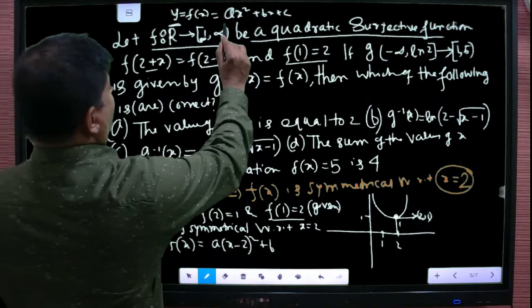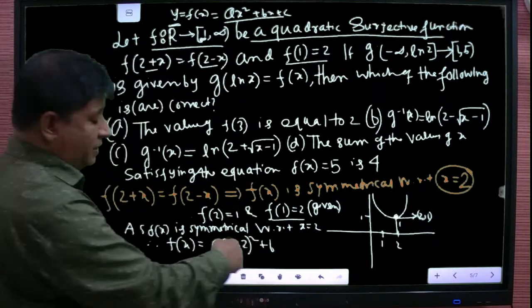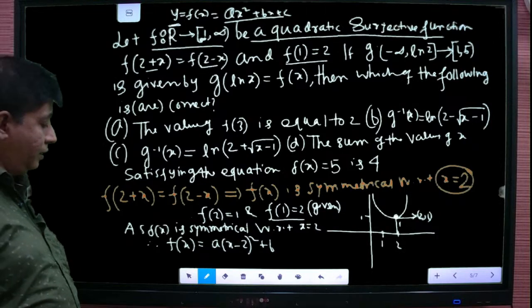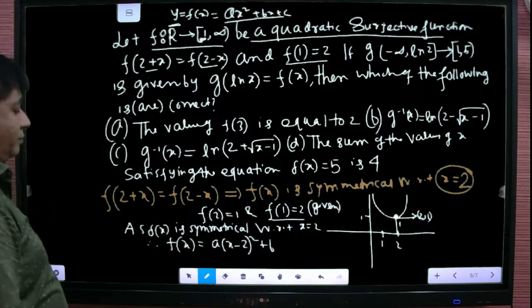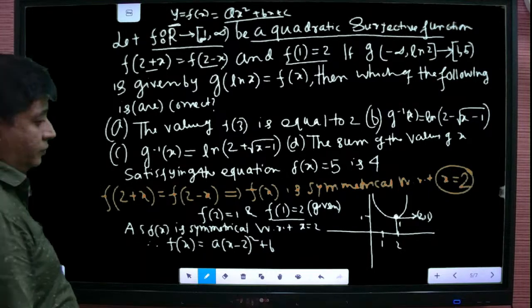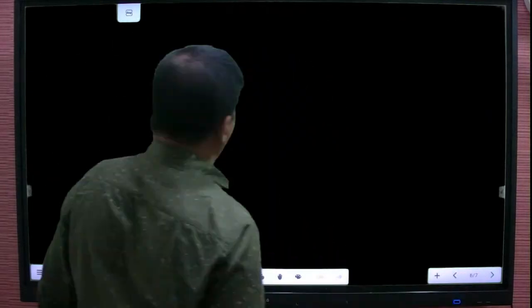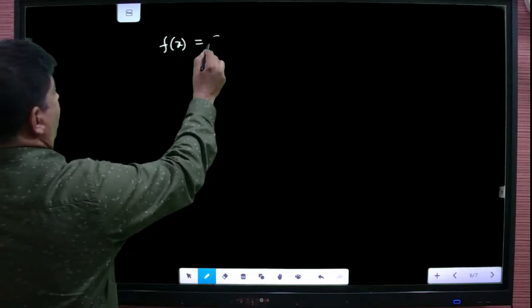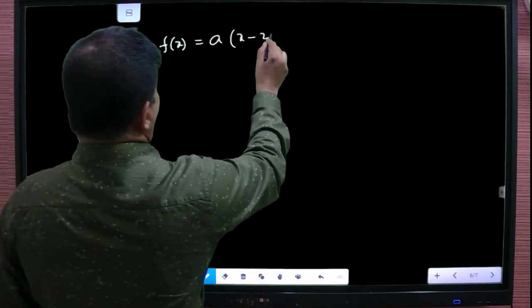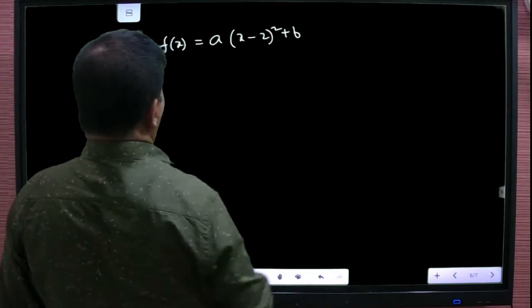This quadratic expression can be presented in this way: f(x) is equal to a(x minus 2) whole square plus b.